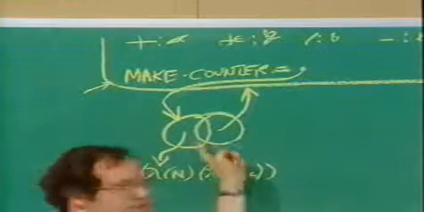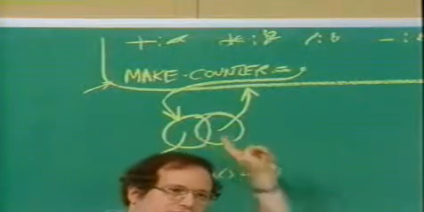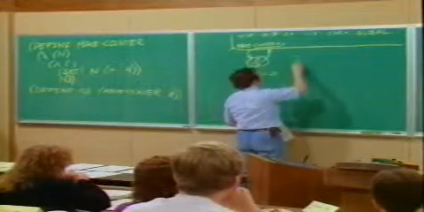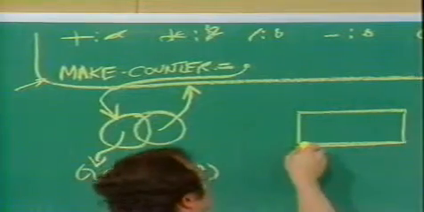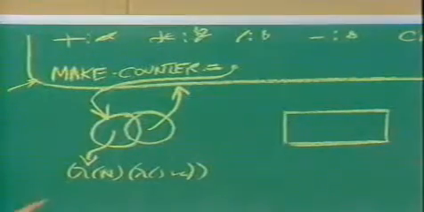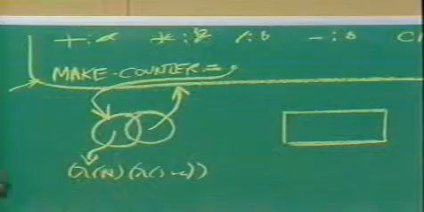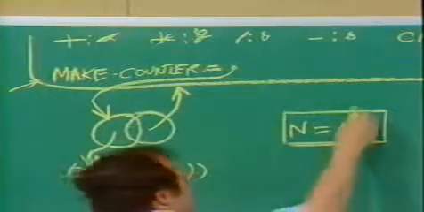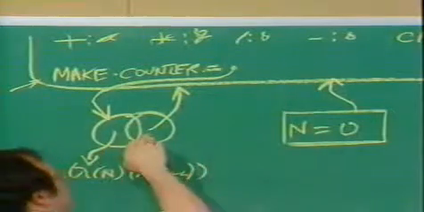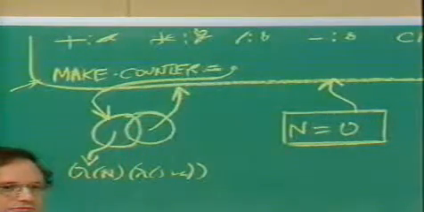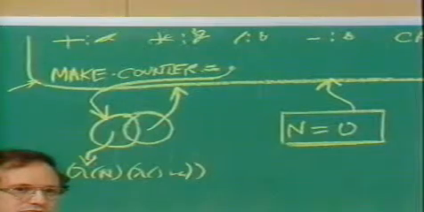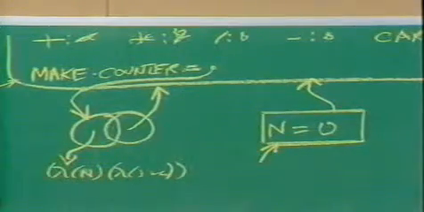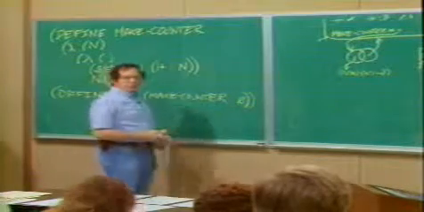The way I apply the procedure is by constructing a frame, which has a value for n in it, which is 0. And the parent environment is the environment of definition of make counter. Okay? So I've made an environment by applying make counter to 0.